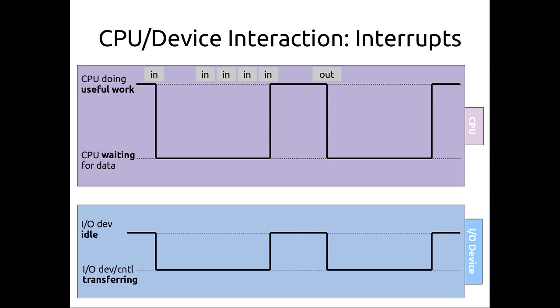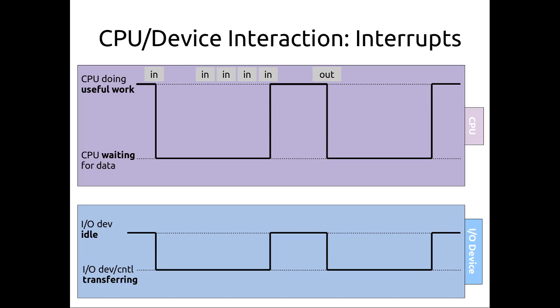transition, when it does in instructions, into the CPU waiting for data state. And on the bottom, I've simplified, we'll make it a little bit more complex later, an I/O device, and that's the blue box. So you see that the I/O device is idle when there's nothing happening there. The CPU hasn't made any requests, and the device doesn't really have anything that it's doing.